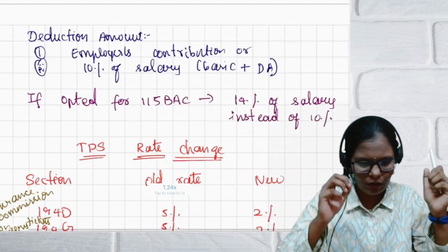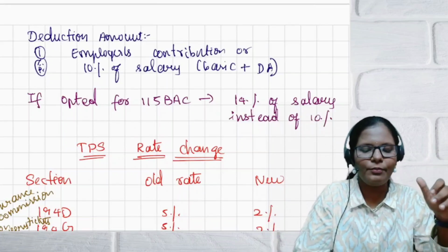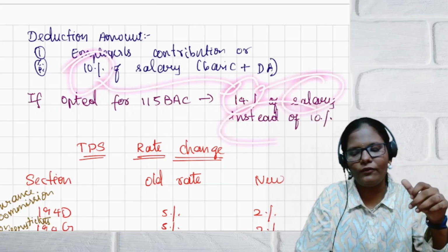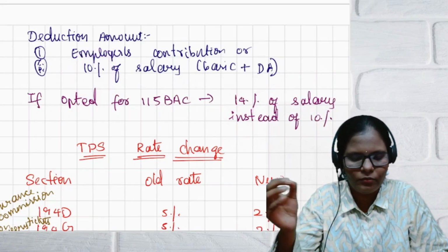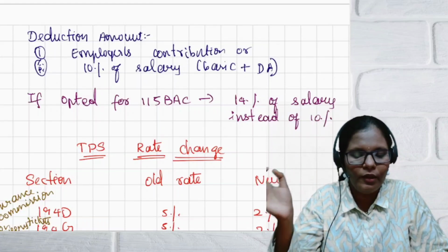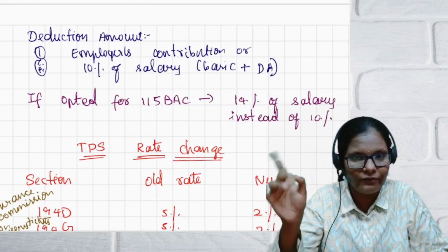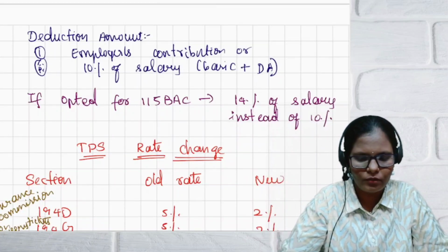If you have opted for 115BAC default tax regime, this 10% of salary is revised to 14% of salary instead of 10%. So if you opted for the default tax regime, then the deduction amount will be employer's contribution or 14% of salary, basic plus DA forming part, whichever is lower.